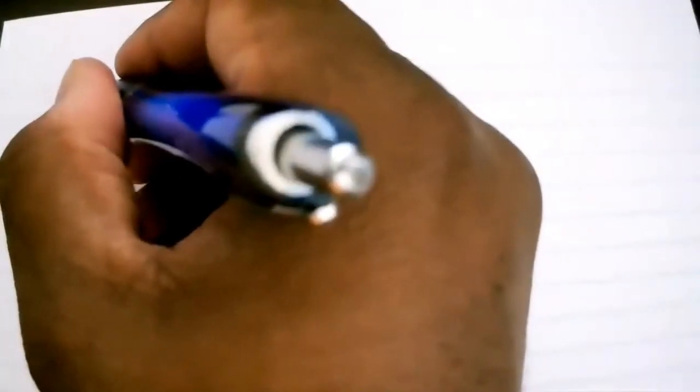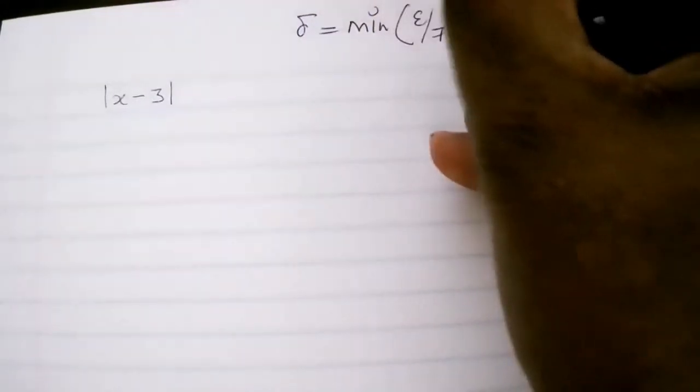Now, the next step is very simple. We need to remind ourselves of the assumptions that we made. The first assumption, we said that absolute x minus 3 would be less than what? Remember, there were two values. Remember when I said delta is the minimum of epsilon over 7 and 1.